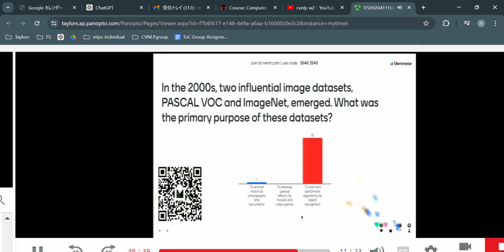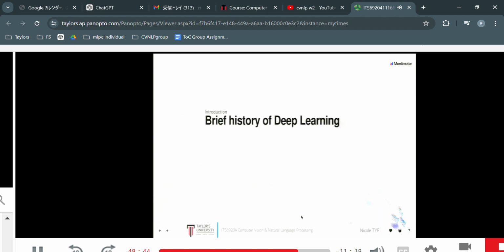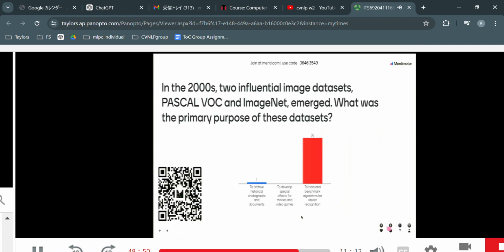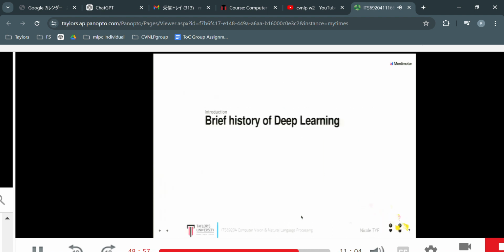There is a difference between object classification and object detection. Object classification allows you to tell whether this image is a certain item or is not a certain item. But object detection is a field of research which trains the model to detect and locate certain items within a certain image.